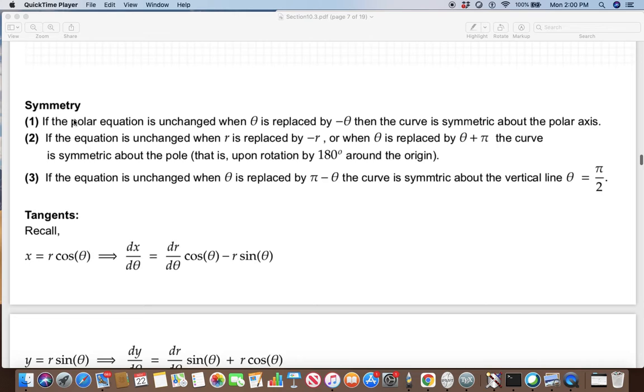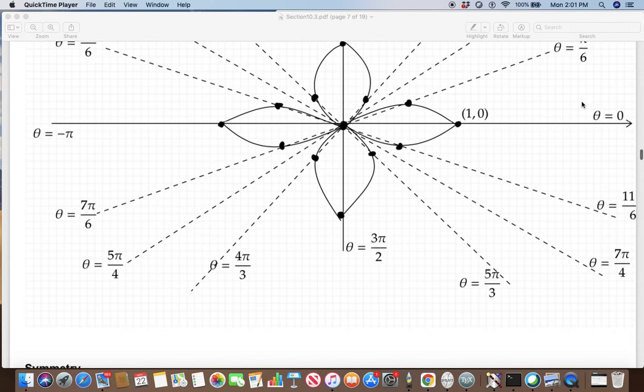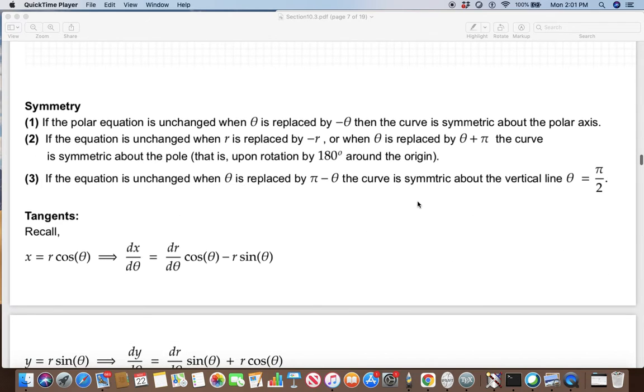Now, a few notes about symmetry. If the polar equation is unchanged when theta is replaced by negative theta, then the curve will be symmetric about the polar axis. So that's your polar axis. If the equation is unchanged when r is replaced by -r, or when theta is replaced by theta plus pi, then the curve is symmetric about the pole.